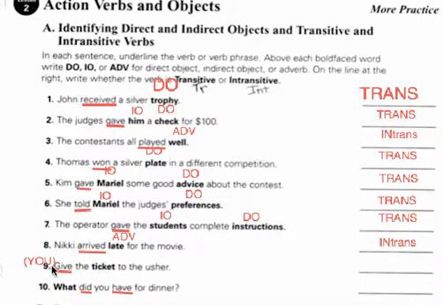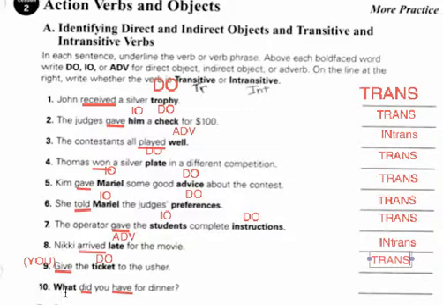Give what? The ticket. So ticket is our direct object. Do we have an indirect object in here? Nope. But we do have the action of the verb transferred to the ticket. We have a direct object, so we have a transitive verb.